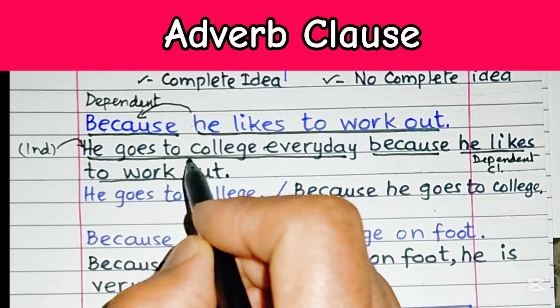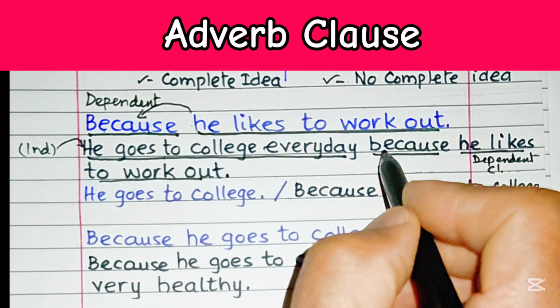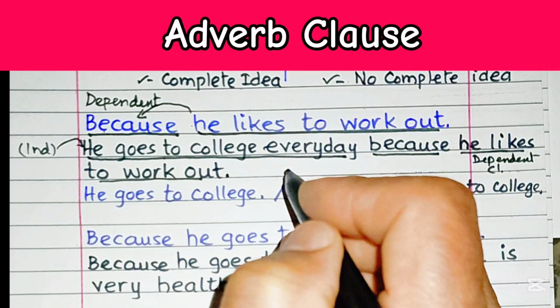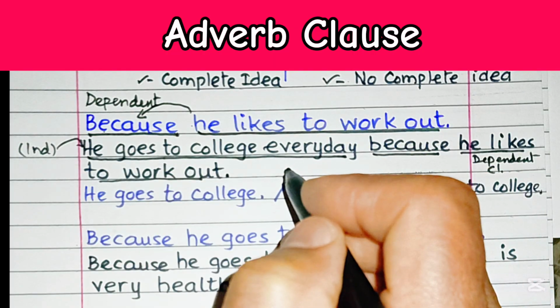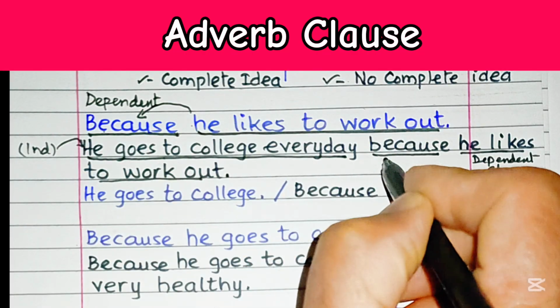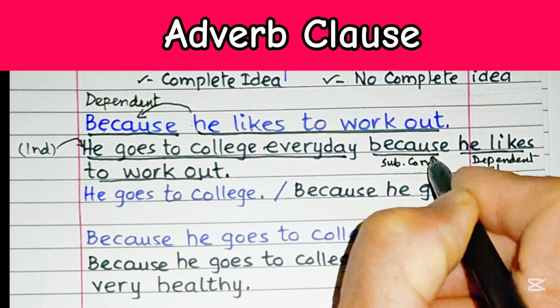Now we have an independent and a dependent clause connected together. A sentence cannot be complete without an adverb or a subordinating conjunction.